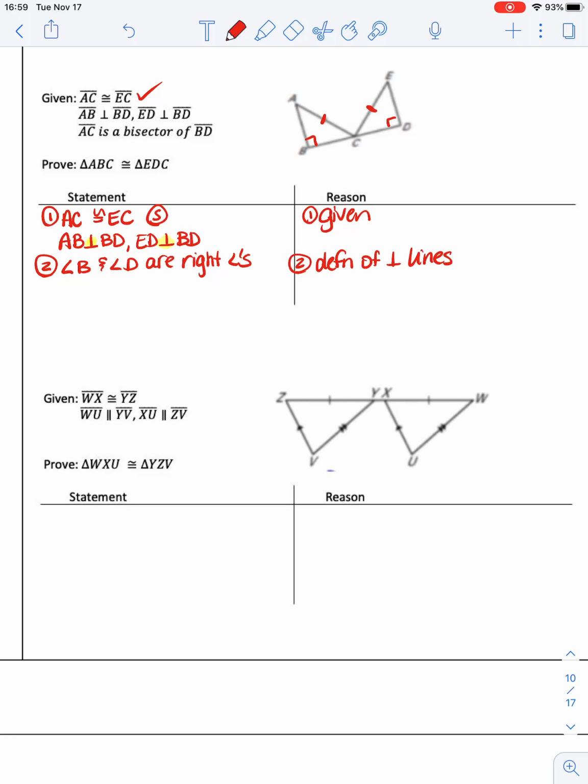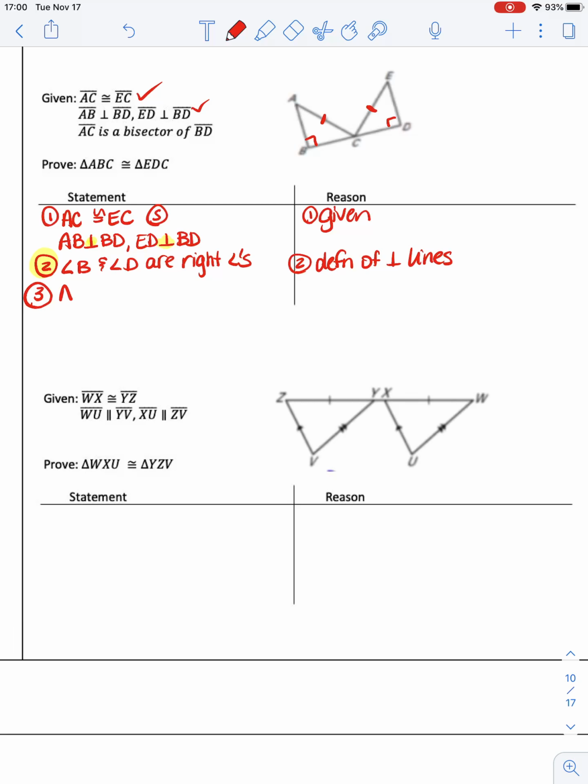Do I need it to go to HL, or is it going to become side angle side and the right angles don't matter? Do I need the angles to be congruent, or do I need the triangles to be right triangles? Those are the two things that I have to decide, but I don't know that yet. Now, I can write them both. It's okay to have too much information. You have to have enough information. So I'm going to step back from that for just a second. I'll come back to it. I'm going to highlight it so I remember to come back to it.